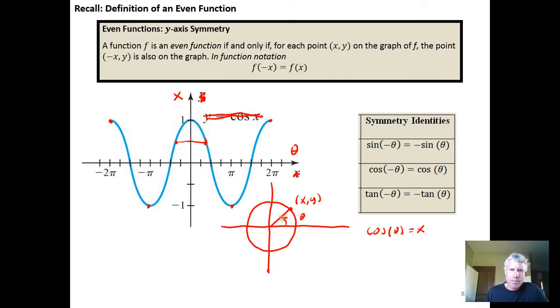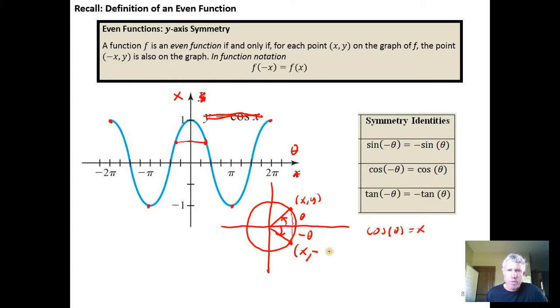The key is if we rotate clockwise instead, which is just the reflection of this point through the x-axis, so I rotate negative theta, the x-coordinate is the same as it is here. The x-coordinate in quadrants 1 and 4 has the same sign.